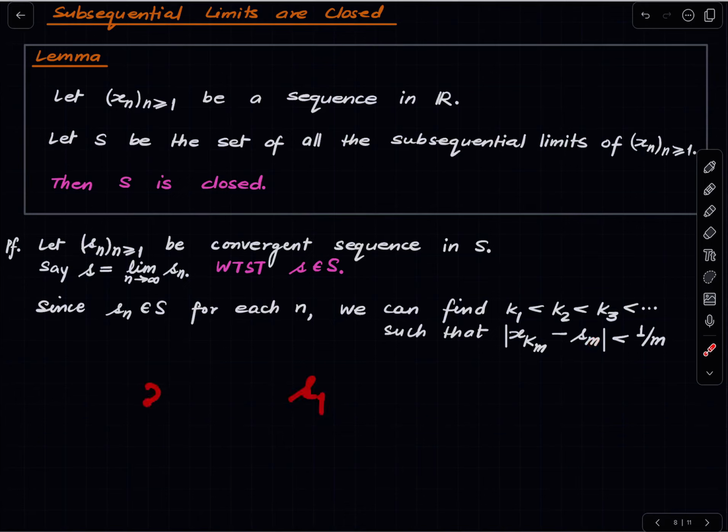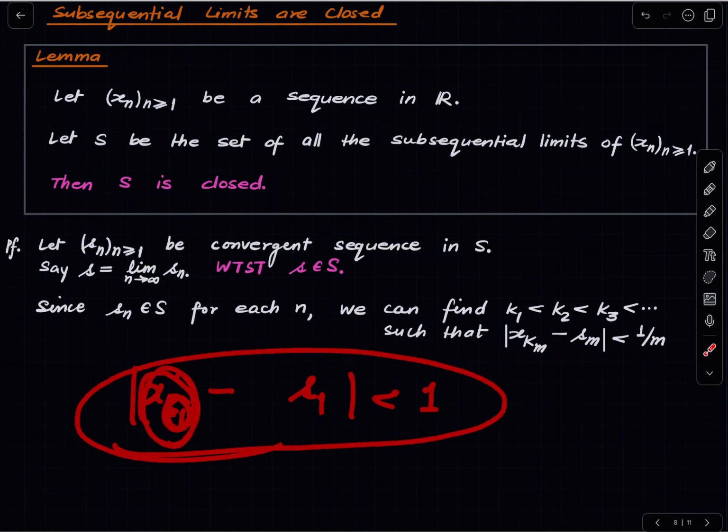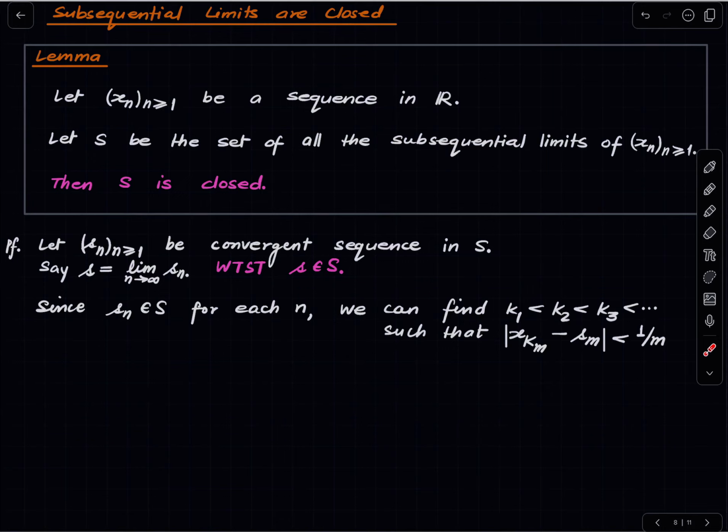So there is some xk1 which satisfies this inequality, because if there is no index k1 for which this happens, then all the points of the sequence are a lot away from S1, which would contradict it. In fact, there are infinitely many such k1s, because there is a whole subsequence of the original sequence which converges to S1.